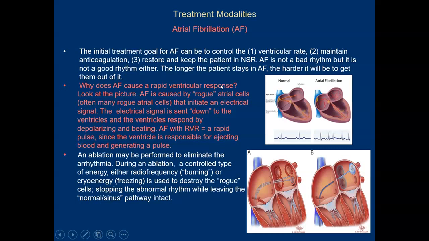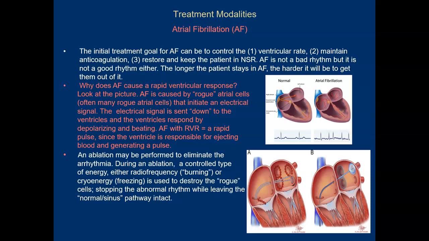So as far as the goal of care, what the priority is, I have listed maintain anticoagulation, but I do want to make sure that you understand that when your patient is newly in atrial fibrillation, we know that clots can form, but do recognize that clots form over a longer period of time.